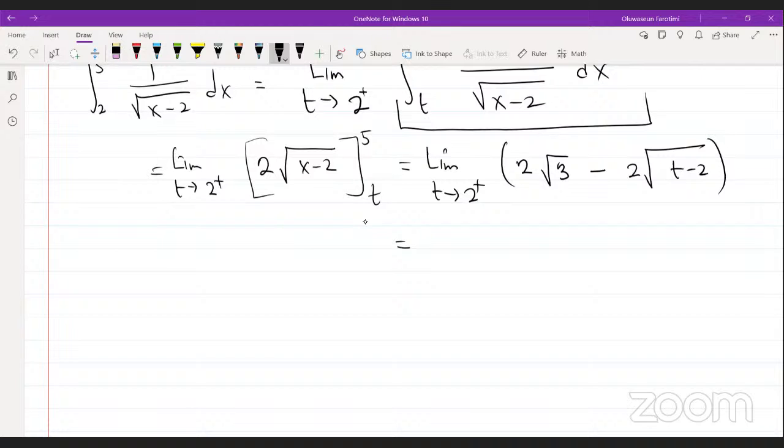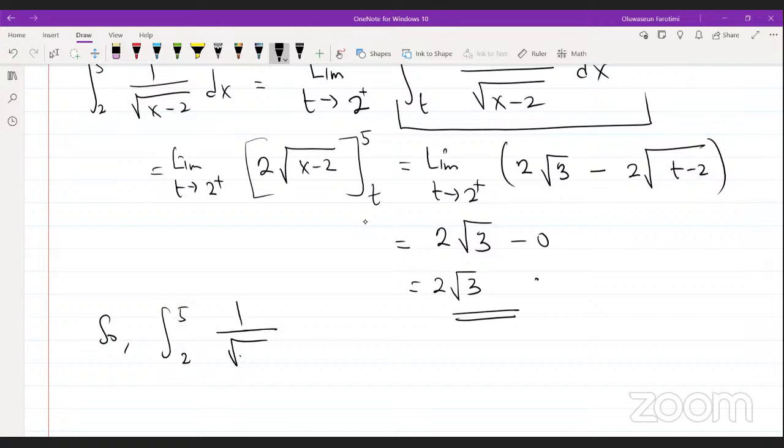You have t approaching 2 from the right, so I can just plug in 2 right here. If I do that, this guy is going to be 0. Perfect. So what does this mean, guys? Is this a finite number? Yes. So does this integral converge or diverge, guys? Convergent. Why is it convergent? Because this guy is finite. It's important to take note of that.